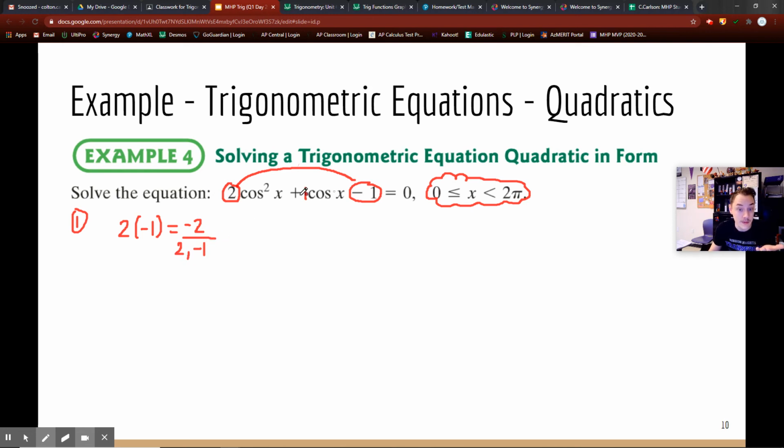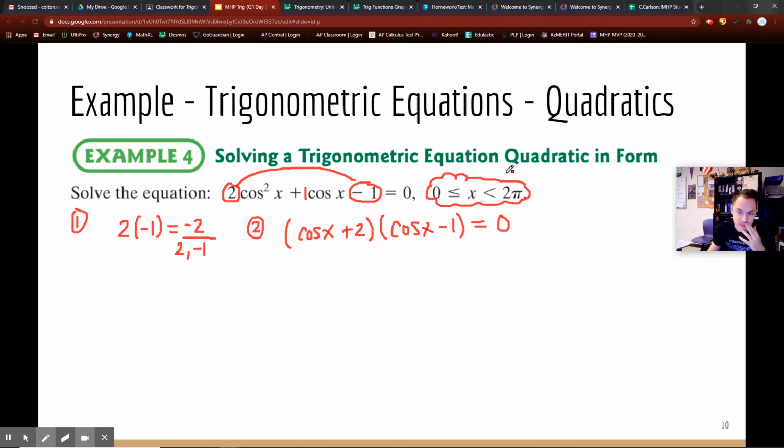They add up to 1. So now my second step would be to build my basic template, and that would be cosine of x plus 2. If this was x, it would be the exact same thing. I'm just doing cosine of x. So cosine of x and then minus 1. It's just like factoring a quadratic, but in trigonometric form. And then equals 0. Okay?